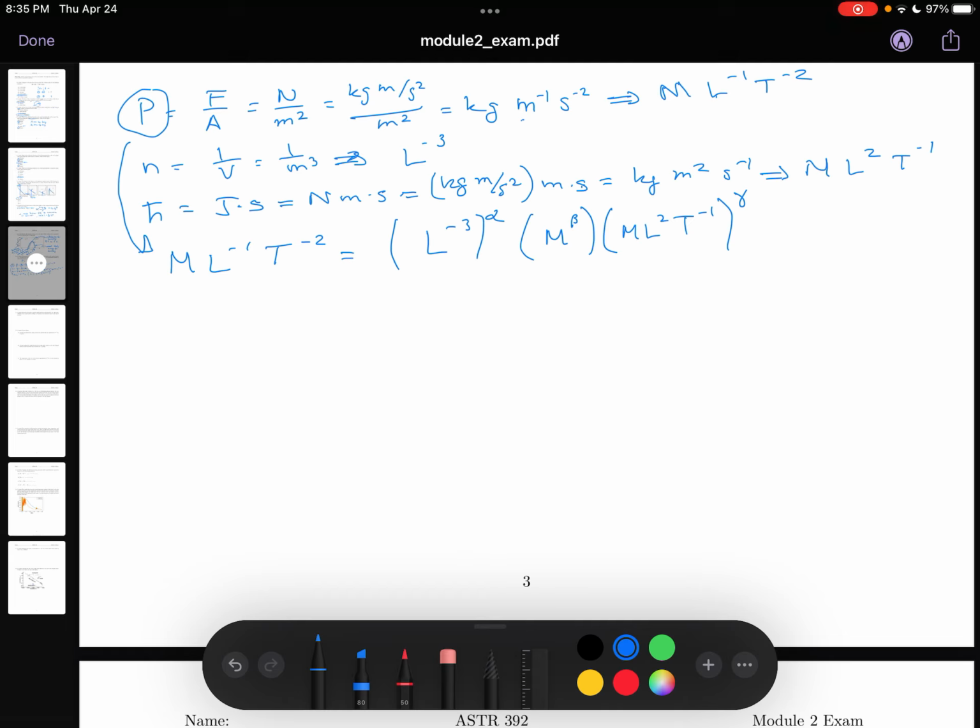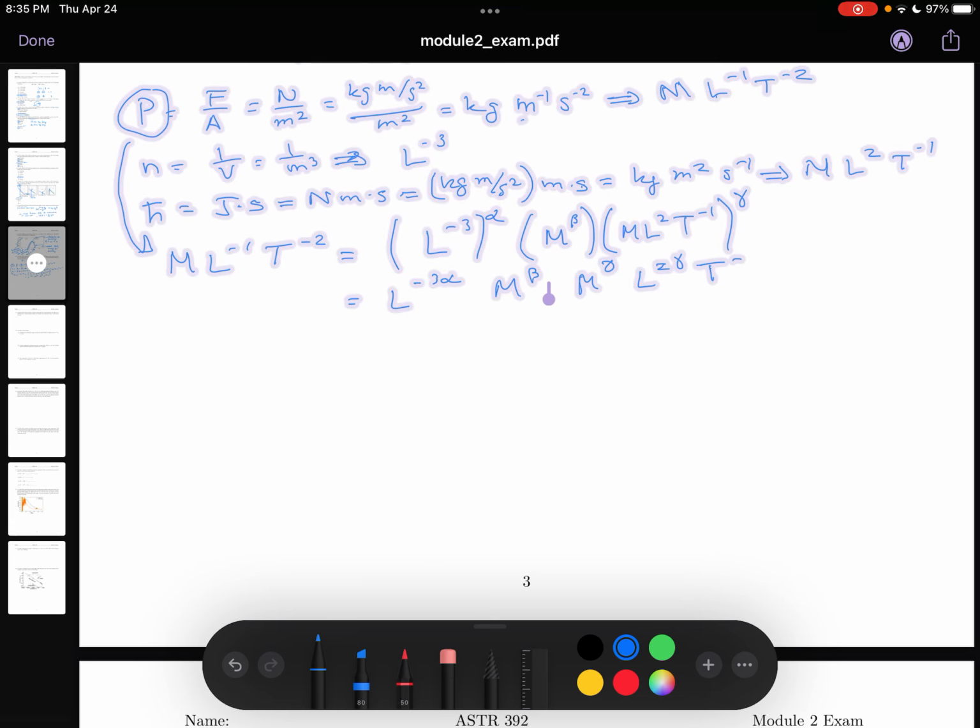So let's distribute in our exponents here. So we have L to the 3 alpha, M to the beta, and then I distribute my gamma into each term. So M to the gamma, L to the 2 gamma, and T to the minus gamma. Okay, and then we want to combine our like terms.